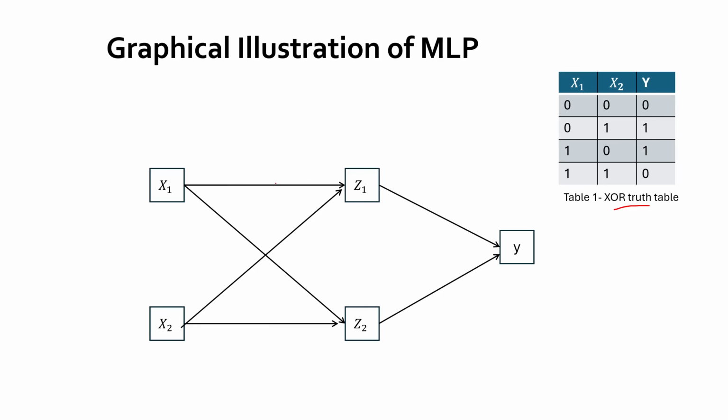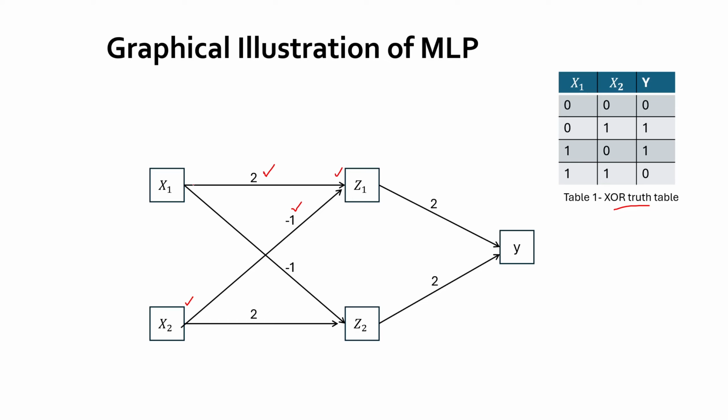And with these connections there will be associated weights: 2, -1, -1, 2, 2, 2. This means that the weight associated with the connection that connects x1 with z1 is 2, and the weight associated with the connection going from x2 to z1 is -1.